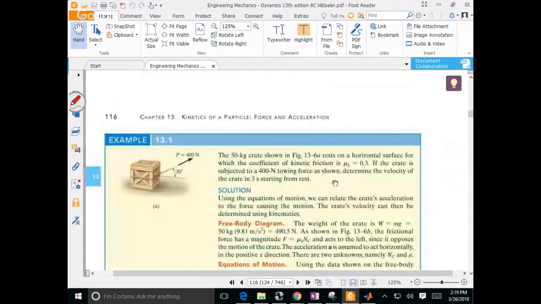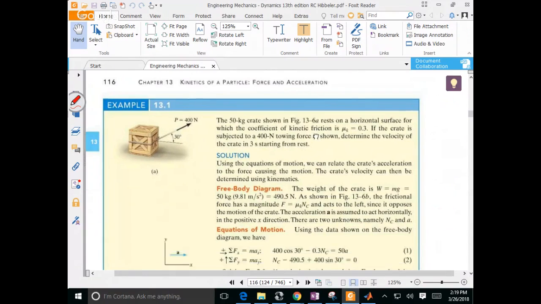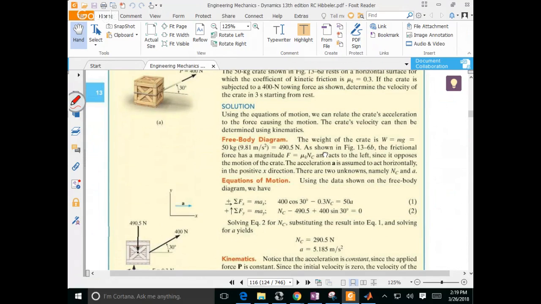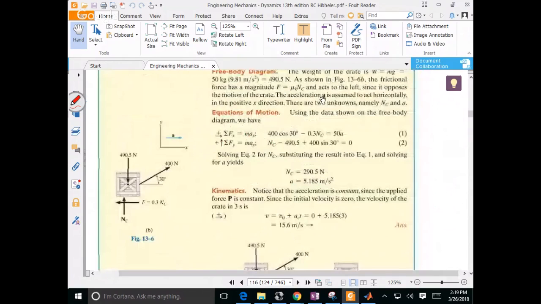And so if you go through this, here's what you do. You start with this. Okay, you've got a block. Somebody's pulling it with 400 newtons. It has a coefficient of kinetic friction of 0.3, sitting right here. The first thing you do is draw a free body diagram.